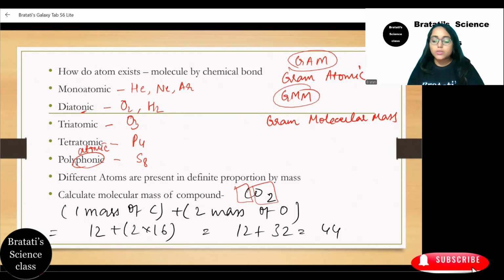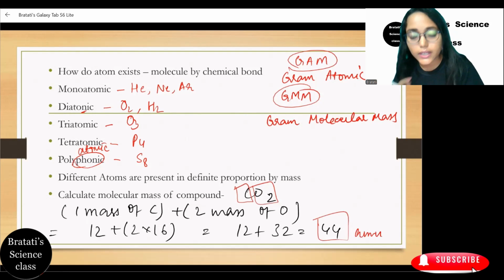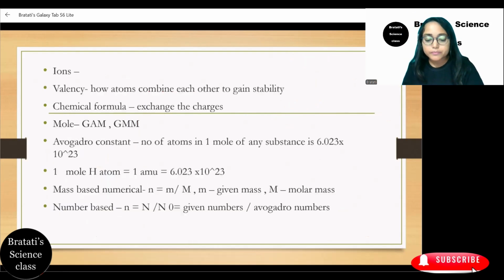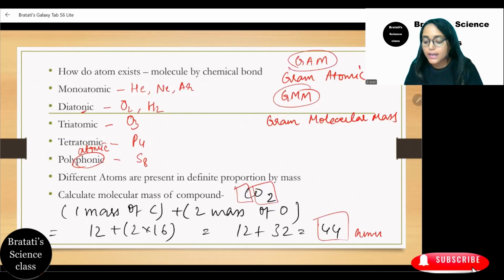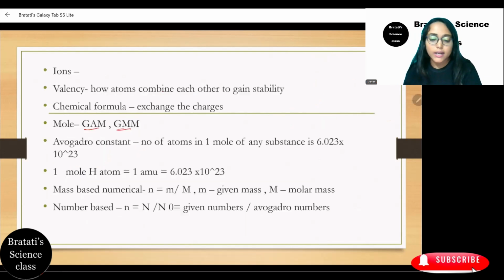So here one carbon, that's why 12 plus 2 into 16, as it is O2, equals 44. So this 44 AMU will be the molecular mass of one carbon dioxide. One molecule of carbon dioxide equals 44 AMU. But in case we want to express it in grams, then we will say 44 grams.